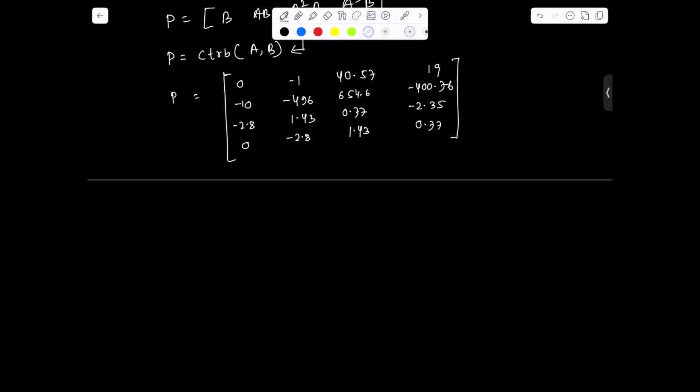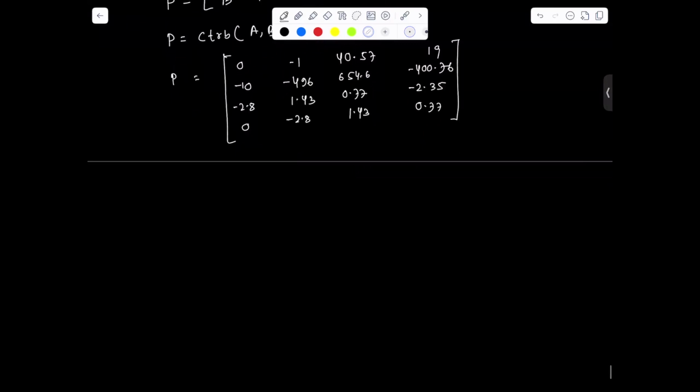Now we have to find the W. So W can be formed. We can use the terms A, which we have found before, the polynomial coefficients of the A matrix, 1, A1, A2, A3, 0, 1, A1, A2, 0, 0, 0, sorry, it will be 1, A1, 0, 0, 0, 1.